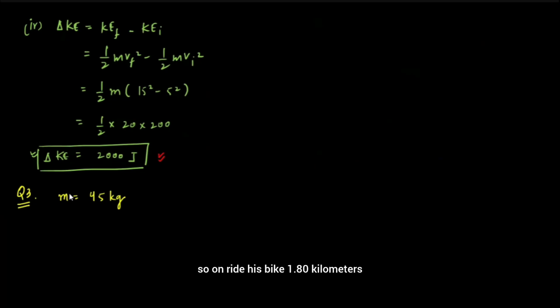So on ride his bike 1.80 kilometers in 10 minutes 50s at a constant velocity. Find out its kinetic energy. Pretty simple, I guess. You can do this. Right.